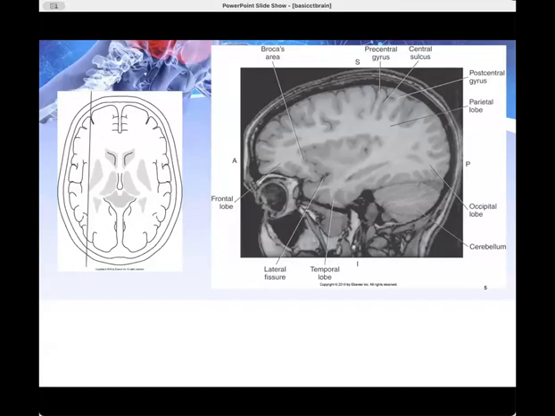This is a sagittal T1 weighted MRI of cerebral lobes and central sulcus.